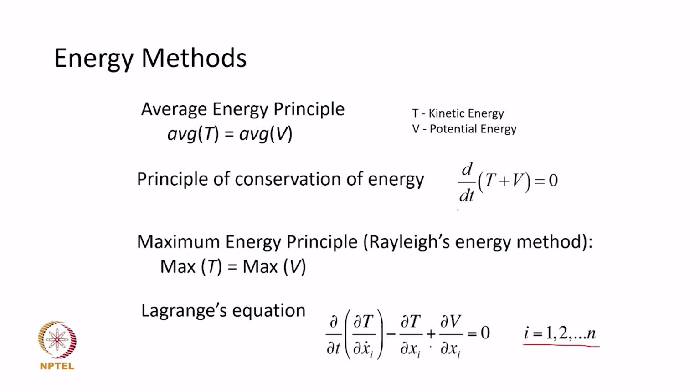So, we shall of course apply one or two of these equations in some simple examples to get the governing equation of motion for a vibratory system. As the number of degrees of freedom increases, most of us find it convenient to apply Lagrange's equation, and then you can get as many governing equations as there are degrees of freedom, or these coordinates denoted by i in this equation.